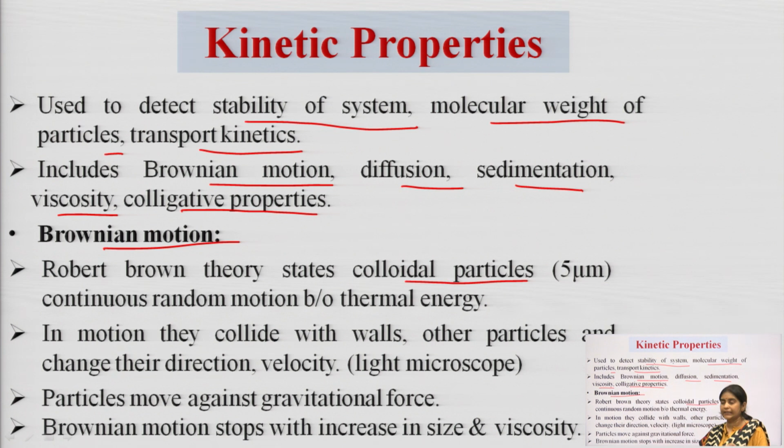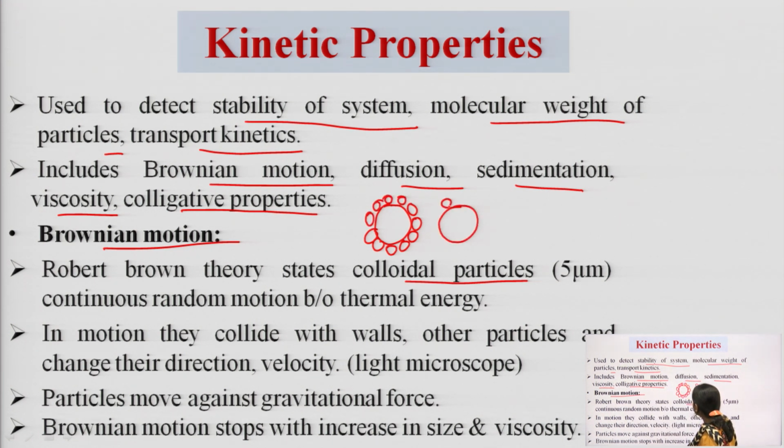In the case of lyophilic colloids, a solvent sheath is formed on the particle, and this solvent sheath prevents the two dispersed particles from coming in contact with each other. As they are not coming in contact, they do not form aggregates, and they continue the Brownian motion, and this Brownian motion is responsible for the stability of lyophilic colloids.